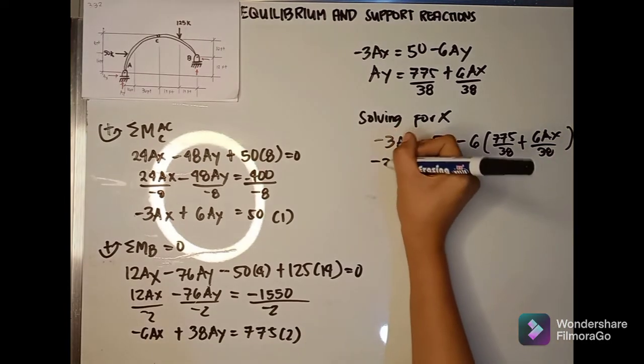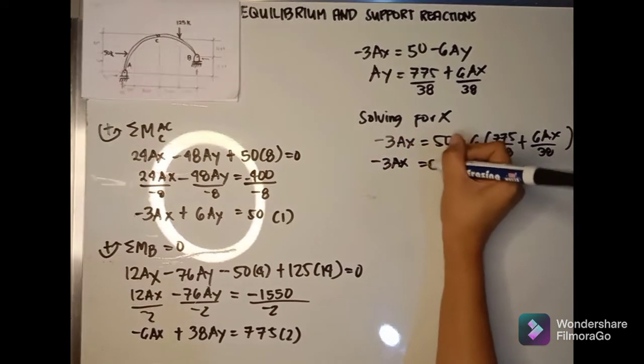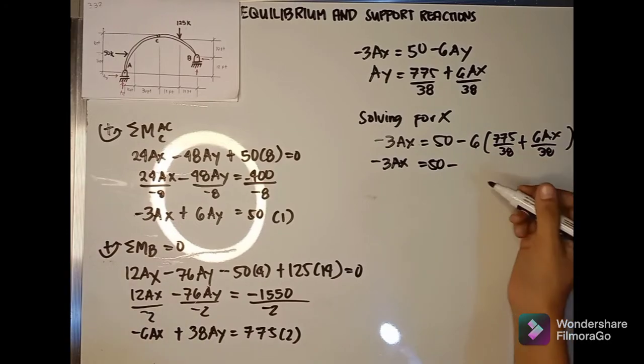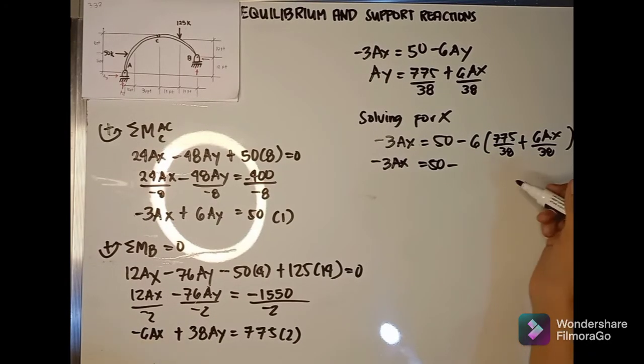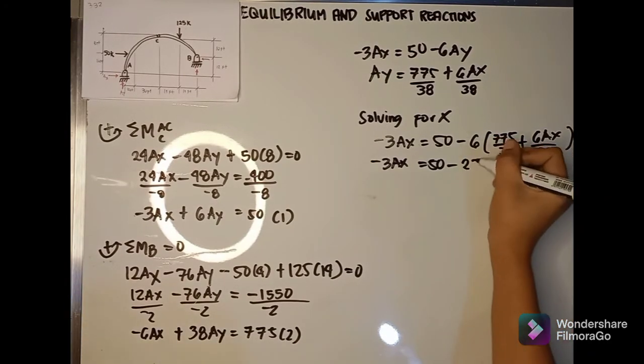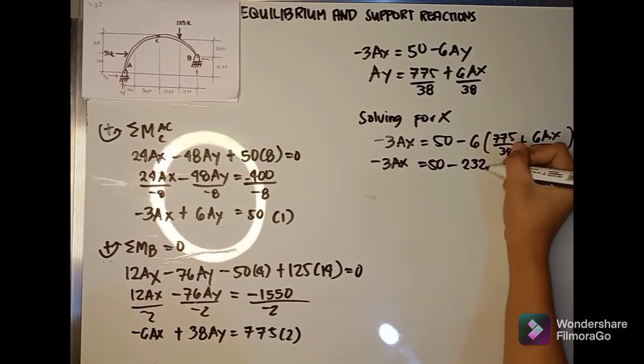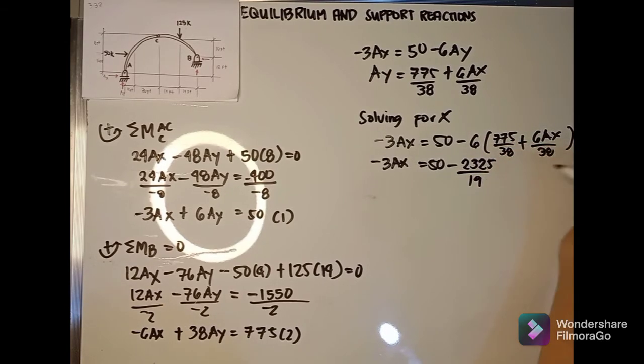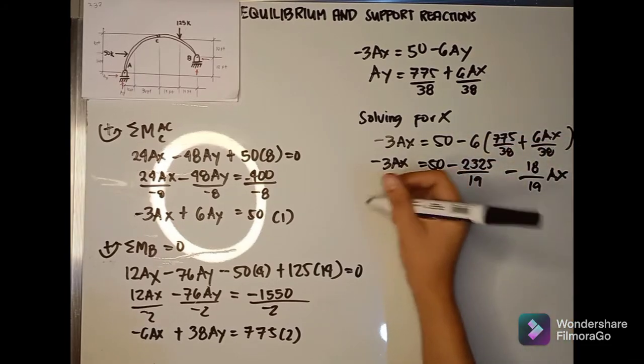Magiging negative 3AX is equals to 50 minus negative 6 times 775 over 38, which is 2,325 over 19. Negative 6 times 6AX over 38 is equals to negative 18 over 19AX. Okay. Now, transpose this AX para ma-combine sila.